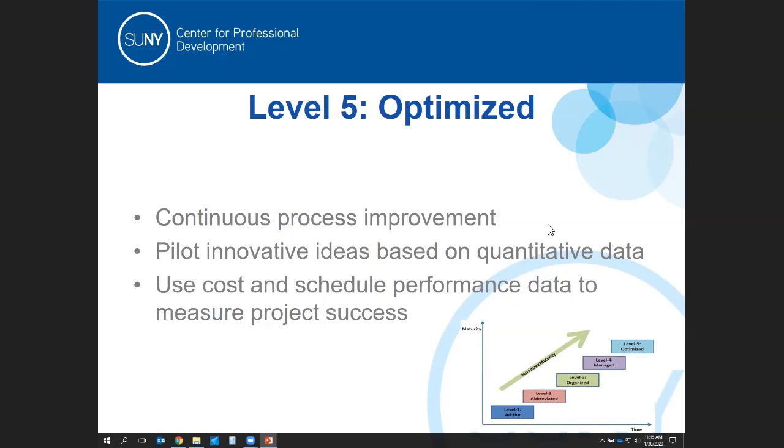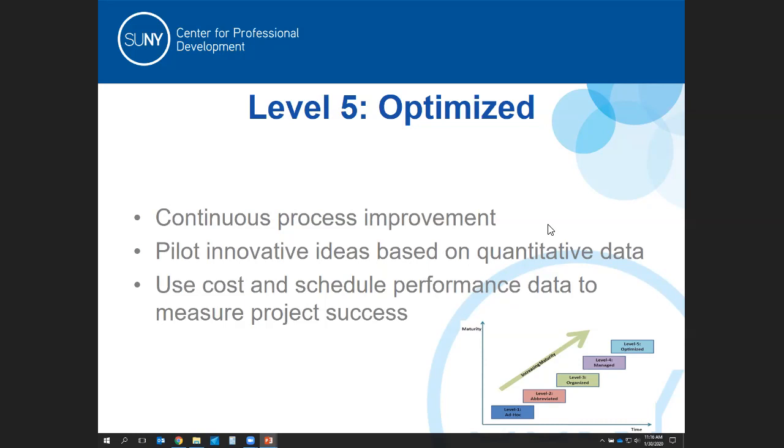A lot of piloting of innovative ideas happens at this stage, and they use their cost and their schedule data to measure how successful they are. Many times you'll find this in large government projects, Department of Defense, where they collect what's known as KPIs, key performance indicators, and they measure them on a very regular and structured basis.